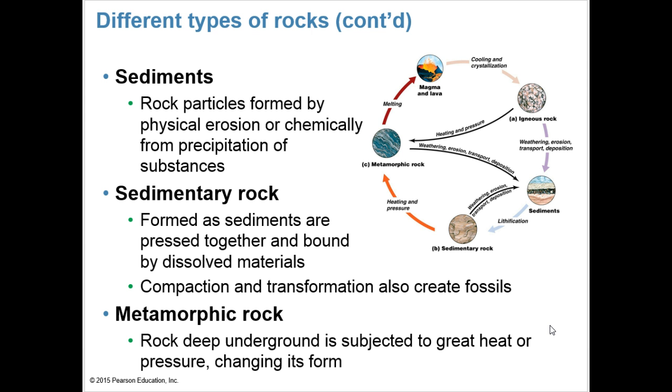And sedimentary rock is formed as the sediments are pressed together and bound by dissolved materials. Compaction and transformation also then can create fossils from organisms that die and are quickly covered up after death. And then we find these fossils within the sedimentary rock.